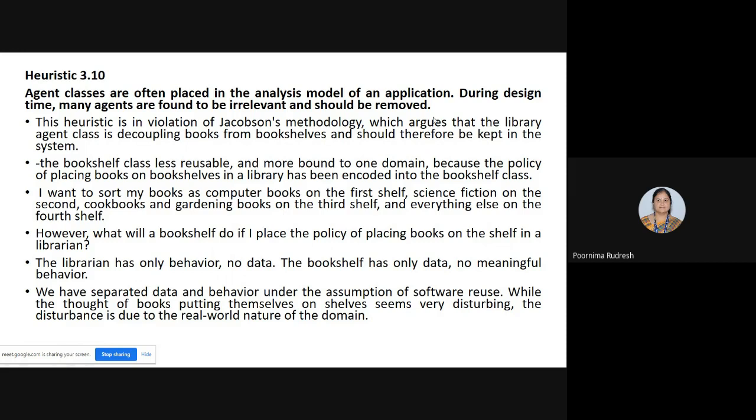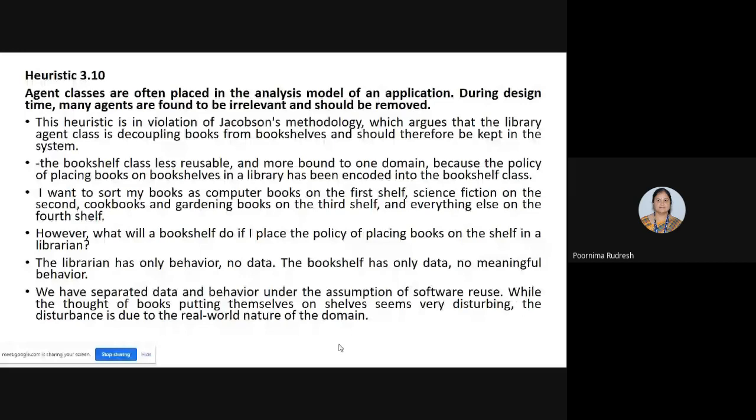While the thought of books putting themselves on shelves seems very disturbing. Why? Because the bookshelf is where we keep the books, and the bookshelf itself cannot decide where it has to keep the books. The disturbance is due to the real world nature of the domain.